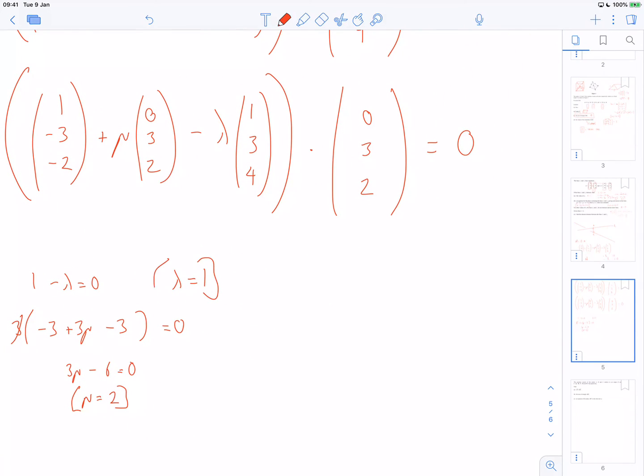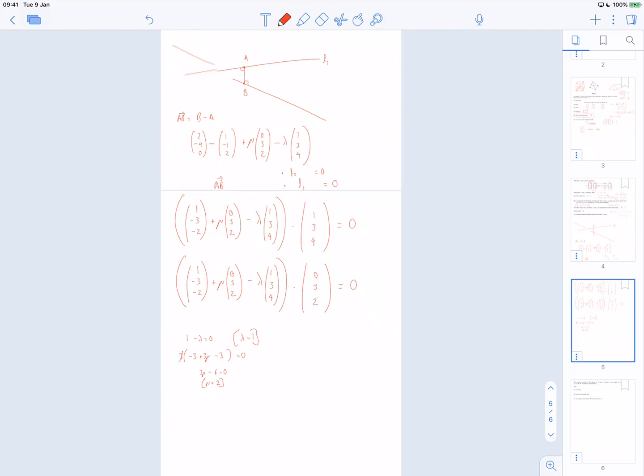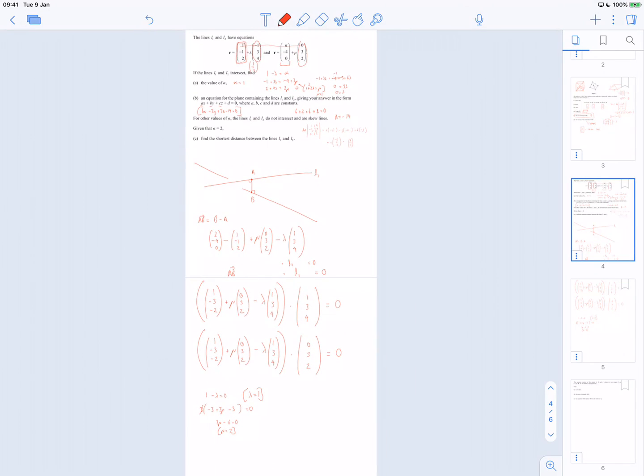So now I've got the lambda and mu of what I wanted. I sub it into the original bits at the top up here, so when lambda is 1, I've got 1 minus 1, 2, plus 1 lots of 1, 3, 4, which is going to be 2, 2, 6.